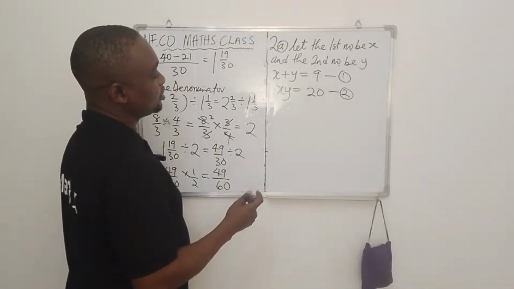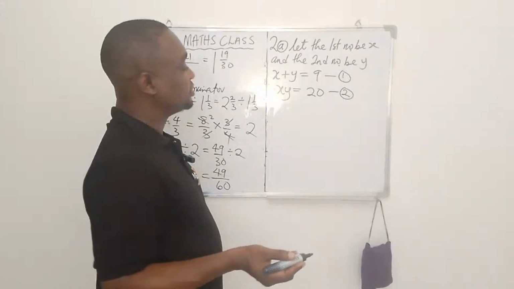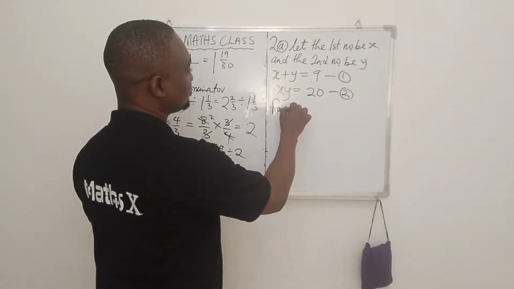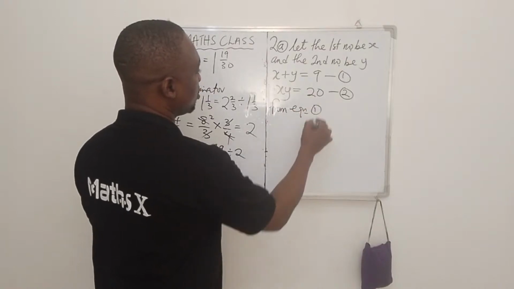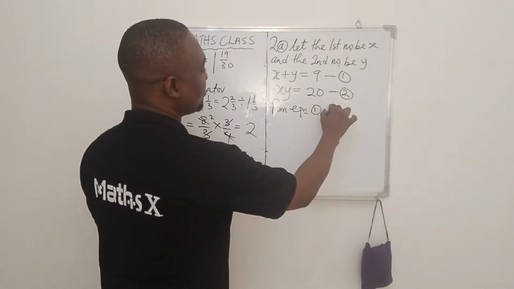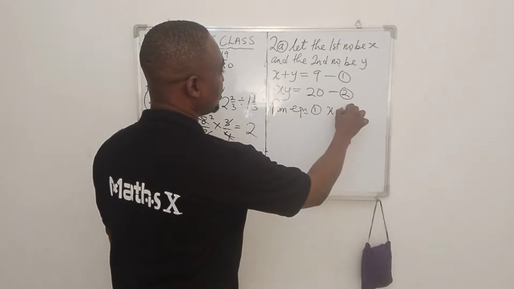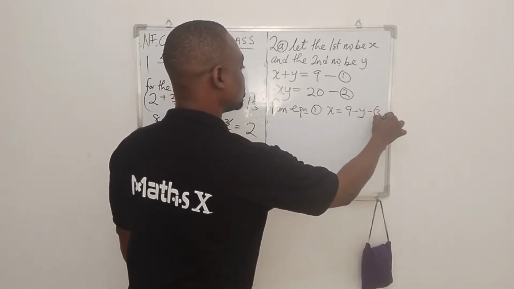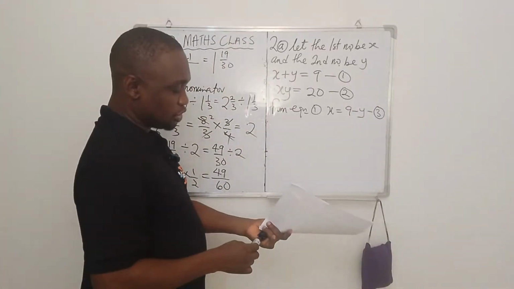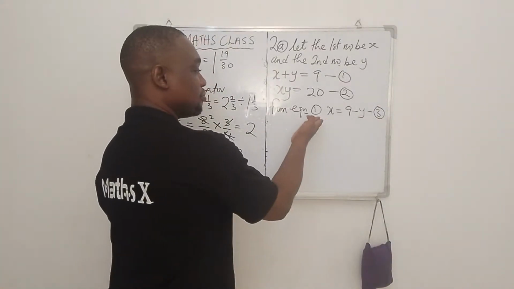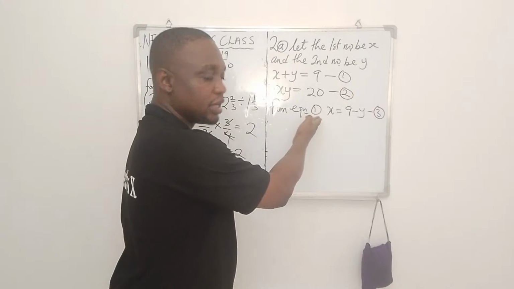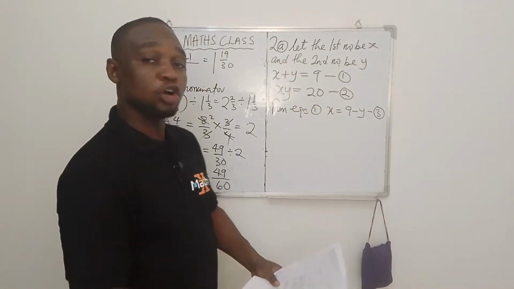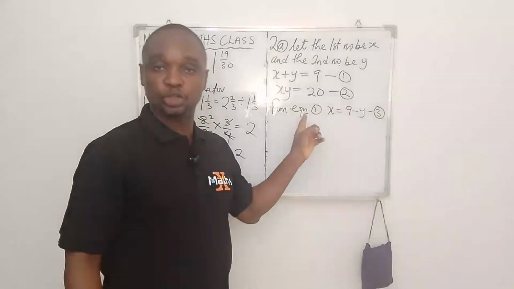So what do we do? Make one of them subject. The choice is yours. From equation 1, I have it that x will be 9 minus y. You can call this equation 3. Since equation 3 is coming from equation 1, please do not put equation 3 back into equation 1.